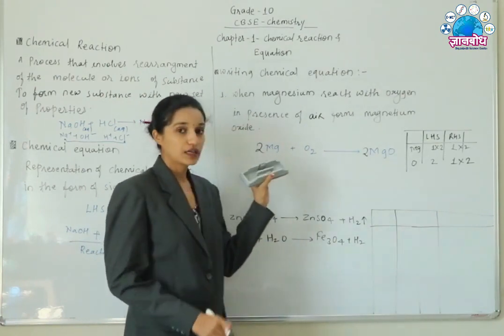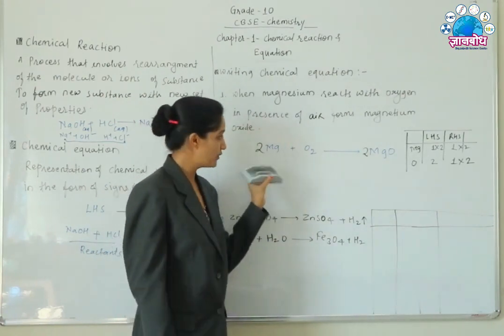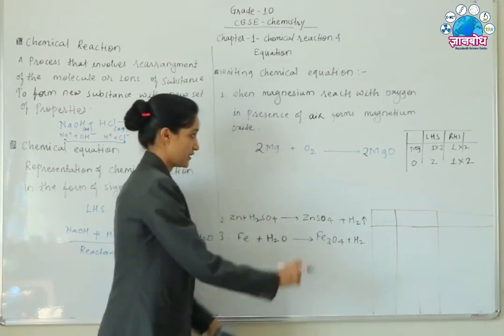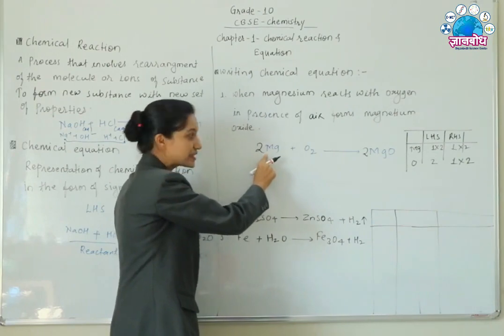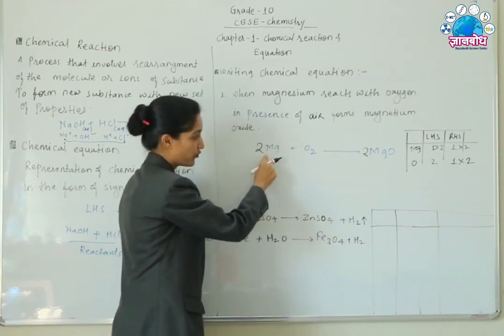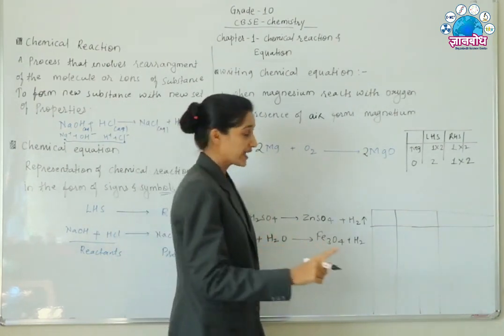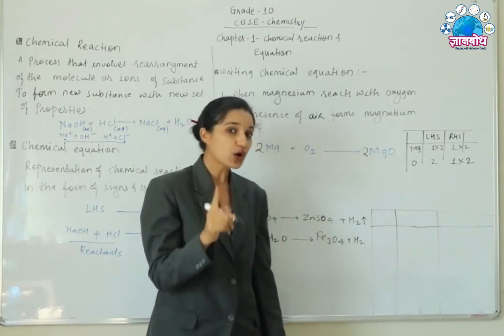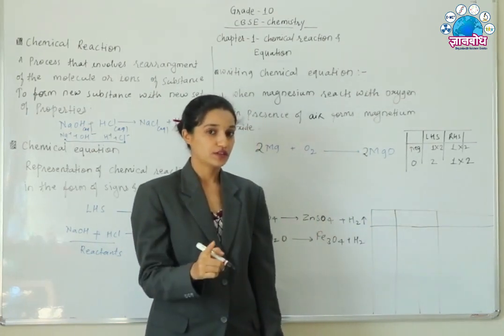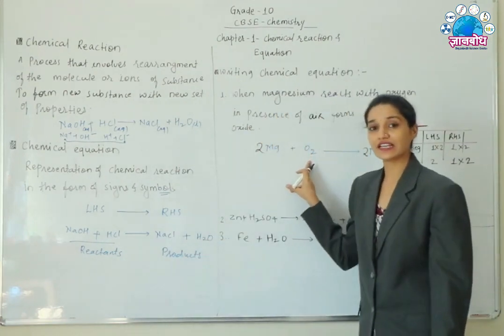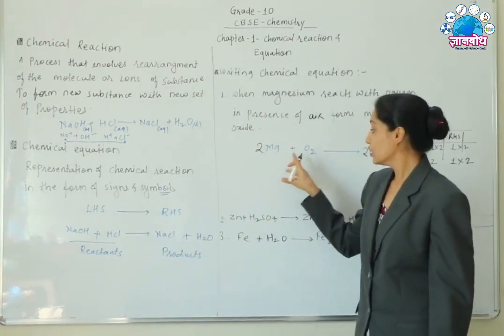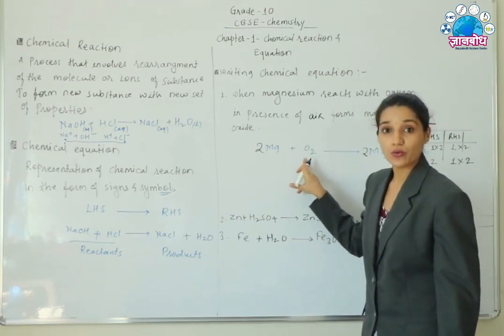Now if we want to read the reaction, how will we read it? We can read it like this: when 2 atoms of magnesium react with 1 molecule of oxygen. Are you understanding the point? See here, when oxygen reacts, we have written O2, not 2O.